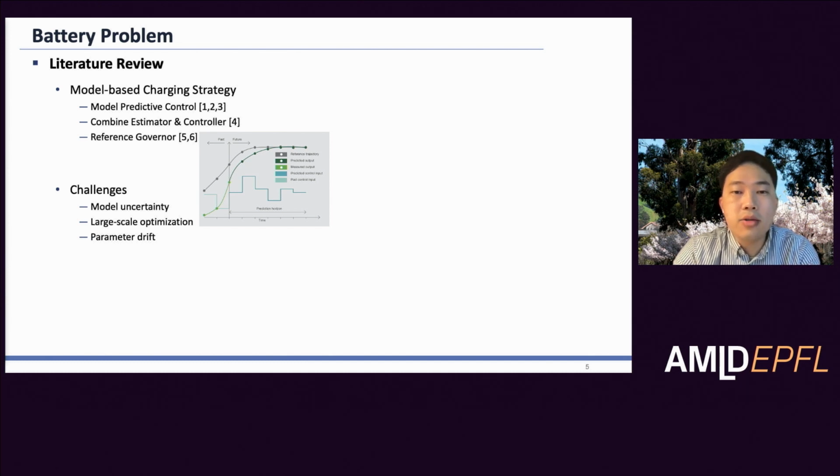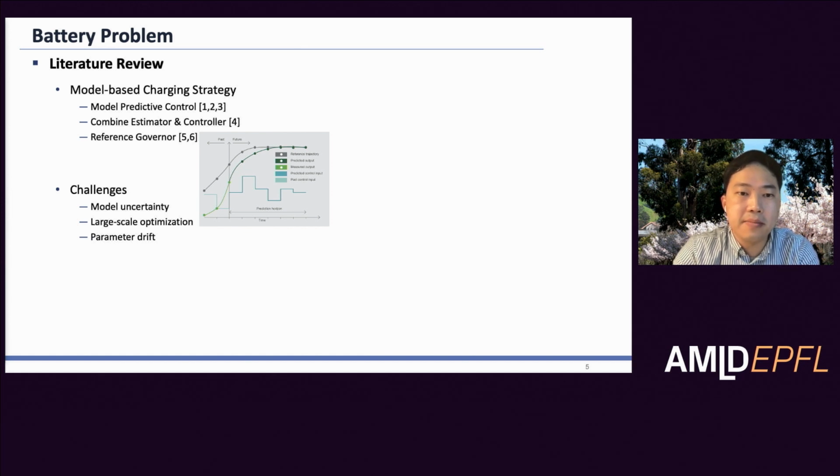Also, depending on the model, it can be formulated as a large-scale optimization, so it is computationally intense. And lastly, the battery itself changes over time, so-called battery degradation. So we need to re-update or re-identify the models in order to mimic the battery system.